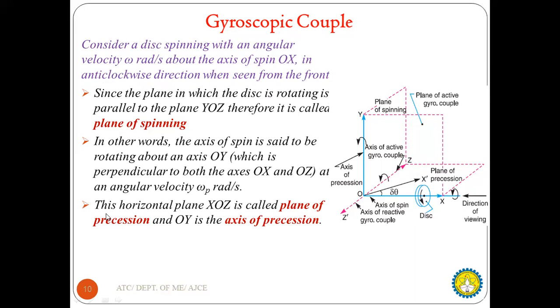This horizontal plane is XOZ. Here in this plane the precession is happening, so this plane is called the plane of precession, and OY is called the axis of precession. About OY, this entire disk and this axis is going to rotate on this XOZ plane.